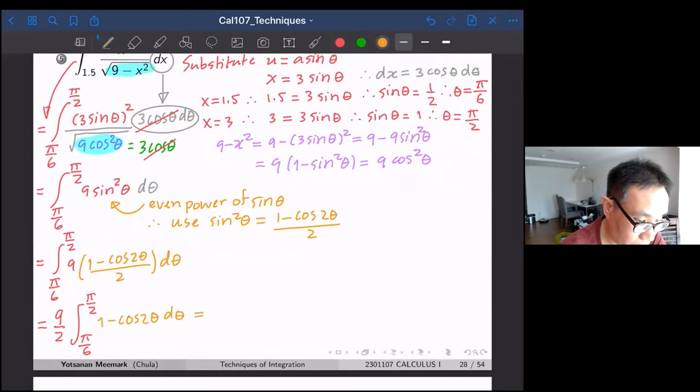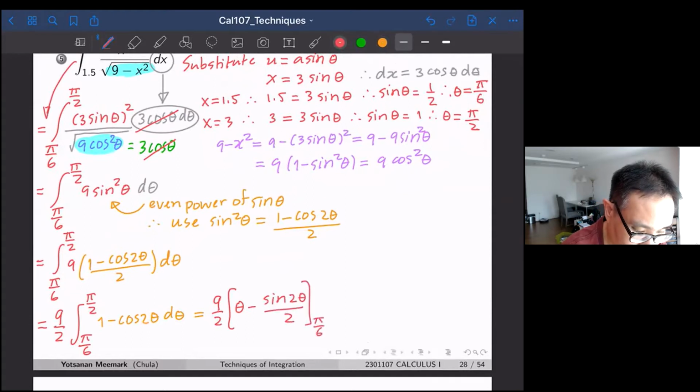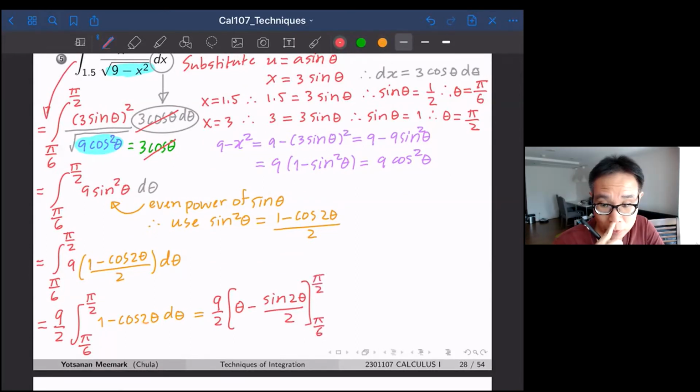Okay, and you're gonna have 9 over 2, and integrate 1, you get theta, integrate cos, you get sine, so it's gonna be sine 2 theta over 2 from pi over 6 to pi over 2.